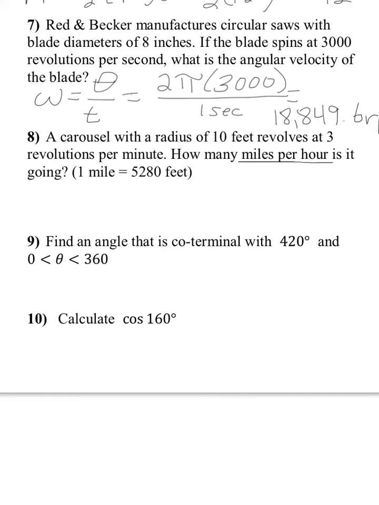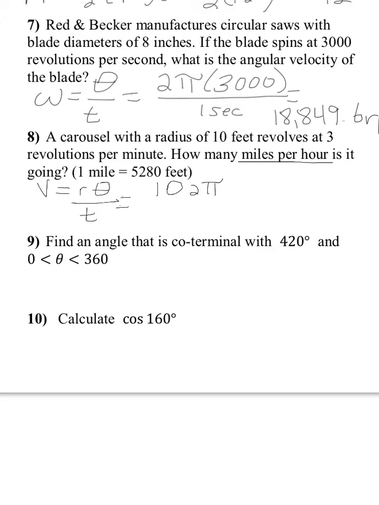All right, so we want the formula for linear velocity. And the formula for linear velocity is V equals radius times theta over time. All right, well, we know that the radius is 10 feet and theta is going to be 2 pi.